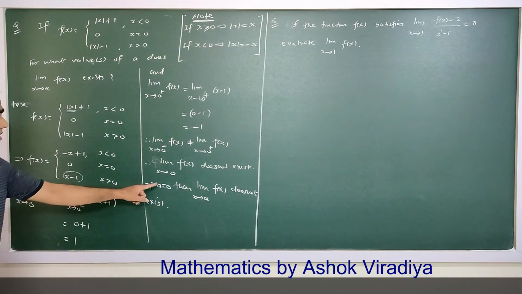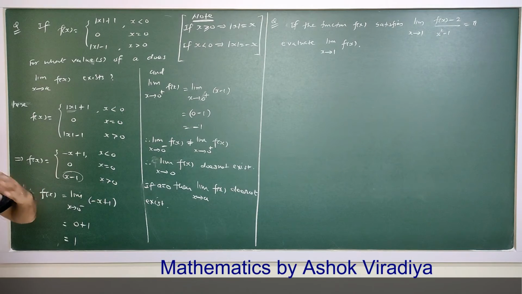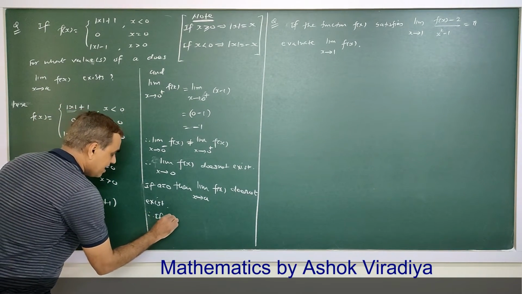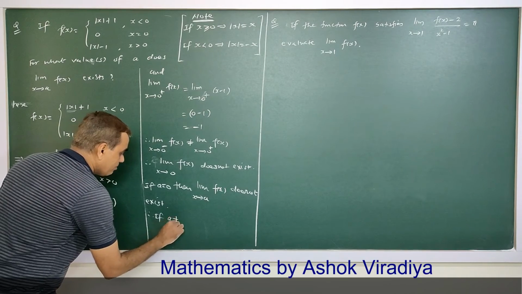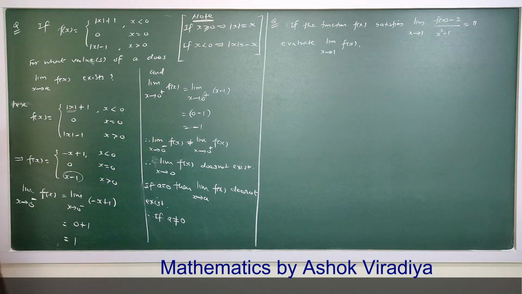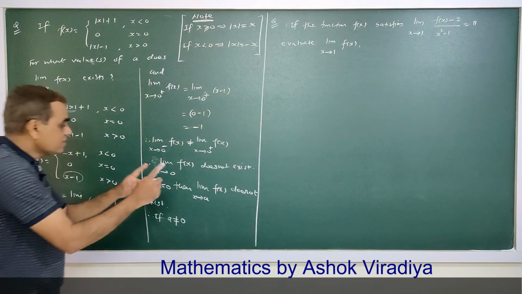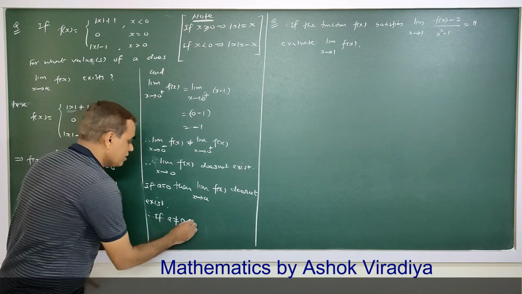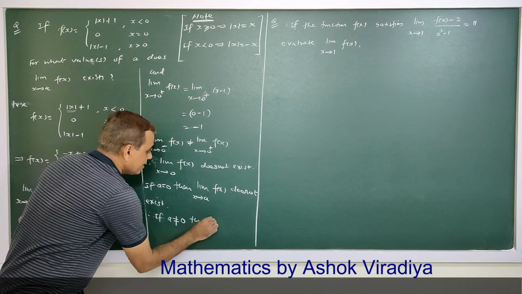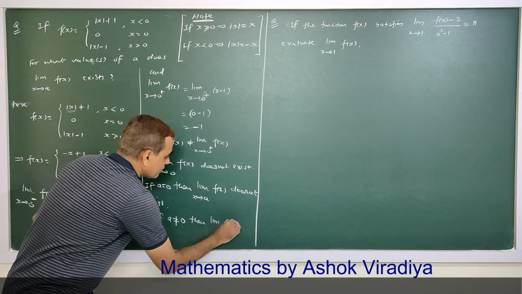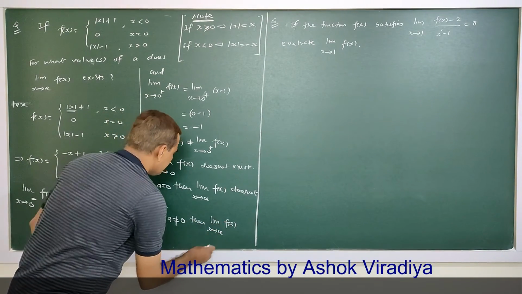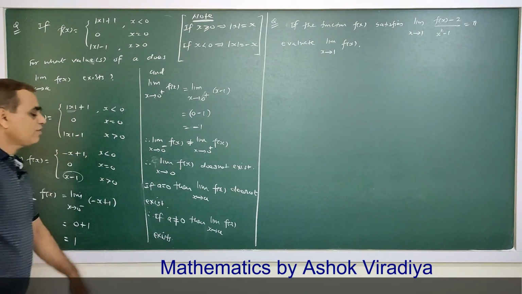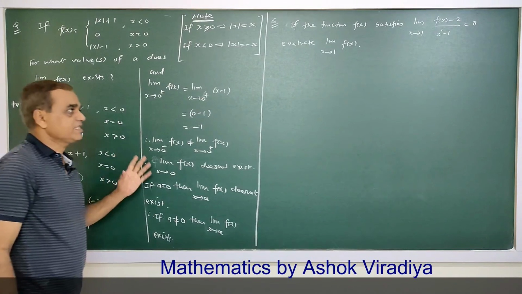And if this number a is any non-zero number, here the limit does not exist only at 0. For any non-zero, the limit of this function exists. So for every non-zero, the limit exists.